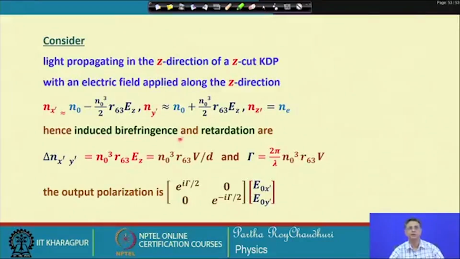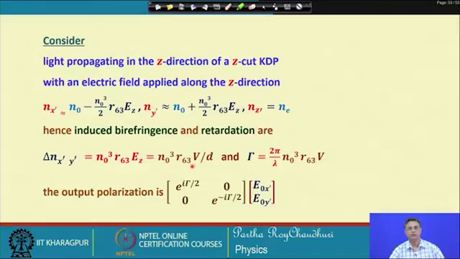Hence, the induced birefringence and the retardation are given by this equation, that is delta n x, which will be the retardation. So, n x prime minus n y prime will give you twice of this, and that is what is appearing here, n 0 cube r 63 E z.